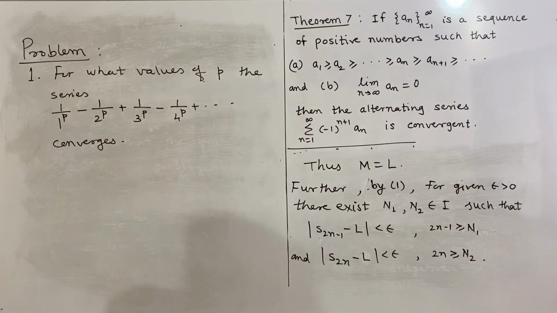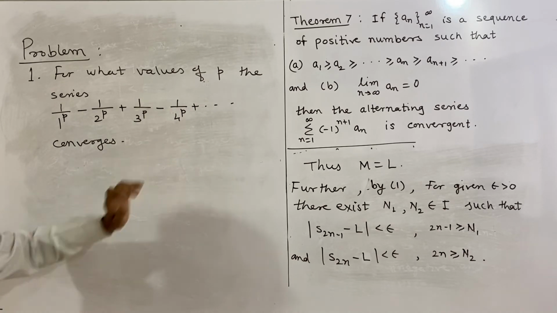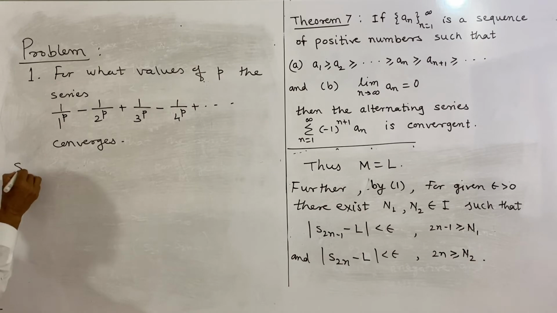Here, for what values of P? We will consider the case P is less than 0, P is equal to 0 and P is greater than 0. So the solution for this.